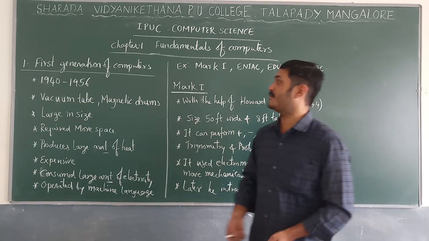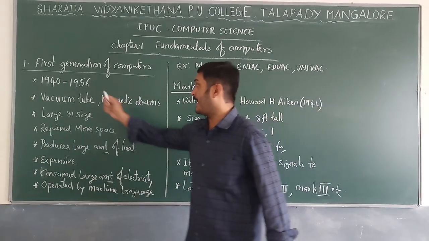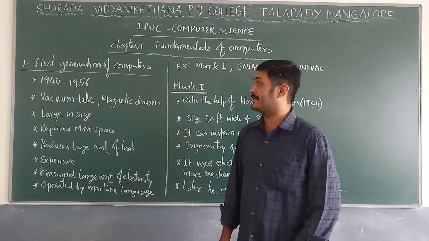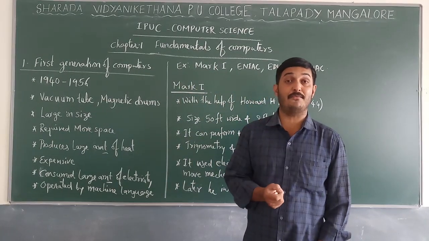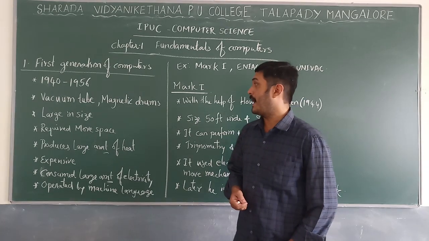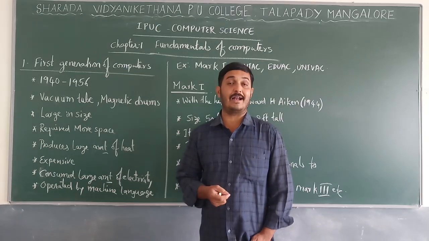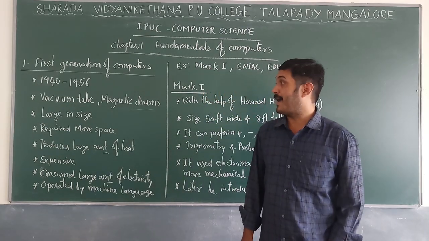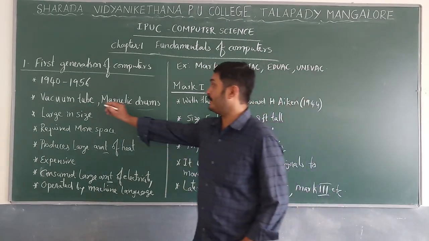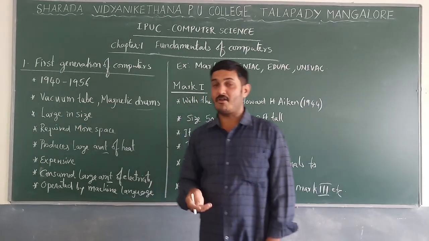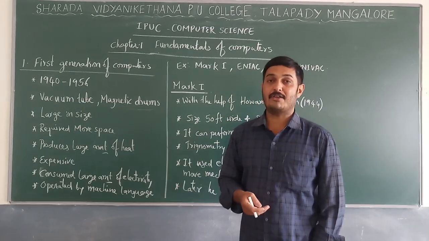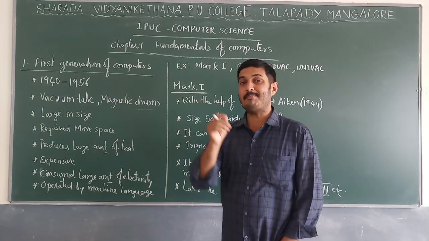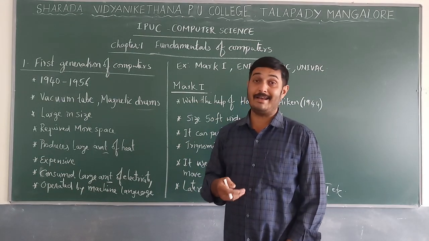The first generation of computers is from 1940 to 1956, and it introduced vacuum tubes, and could store data and instructions by means of magnetic drums. See, vacuum tubes are not there now. Actually they were big in size, and comparatively their efficiency was also very low.